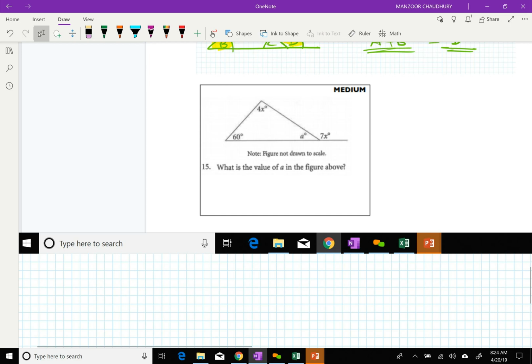X degrees equals 20 degrees. So then 80 degrees plus 60 degrees plus A degrees equals 180 degrees. 80 plus 60 is 140, plus A equals 180. So then A equals 40 degrees. Yes, perfect.